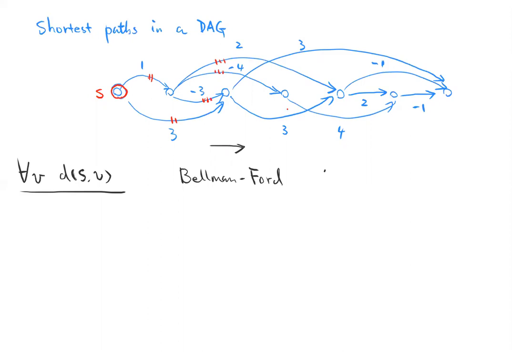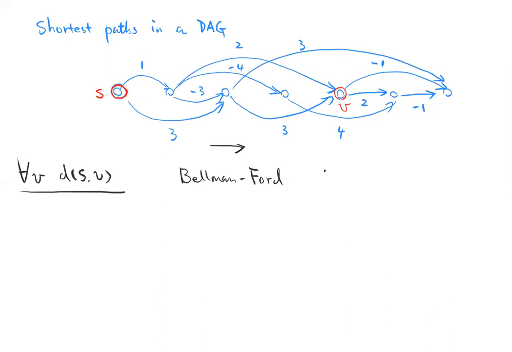Okay, now we use dynamic programming to solve this problem. So how do we do it? What we are going to do is define sub-problems. We want to compute the distance from S to this vertex V. What are the sub-instances for this one?